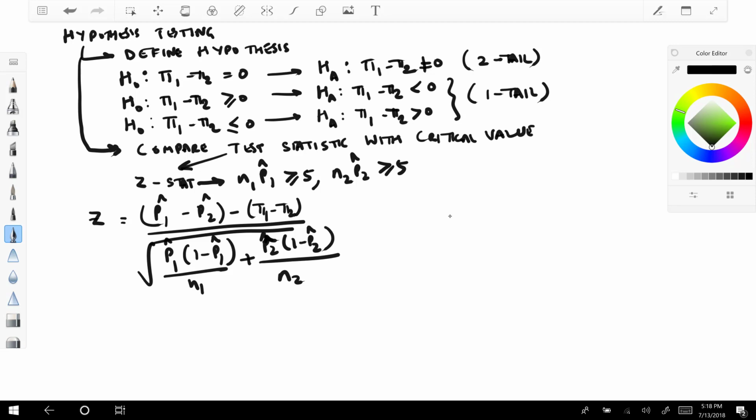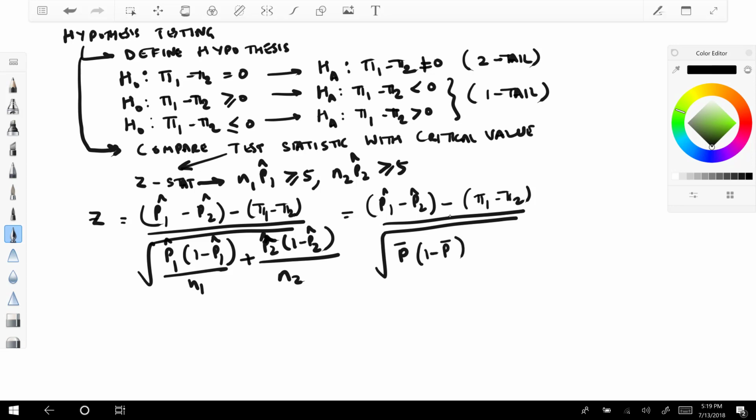So there is another formula which we can use, which is again p1 hat minus p2 hat, minus pi 1 minus pi 2, divided by square root of p bar times 1 minus p bar times 1 by n1 plus 1 by n2.